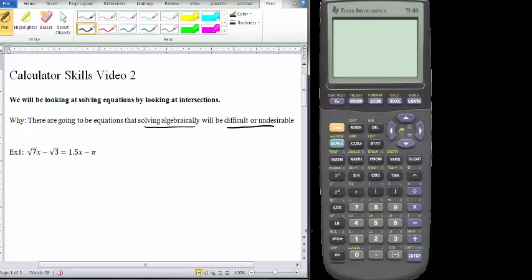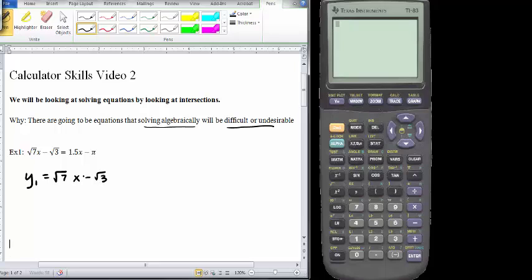All right, so what we're going to do with this is we're actually going to be looking at the intersection, which means we need to make this two separate equations because you need two equations for an intersection to occur. So I'm going to split it at the equal sign, and I'm going to write them as y1 equals the square root of 7 x minus the square root of 3.